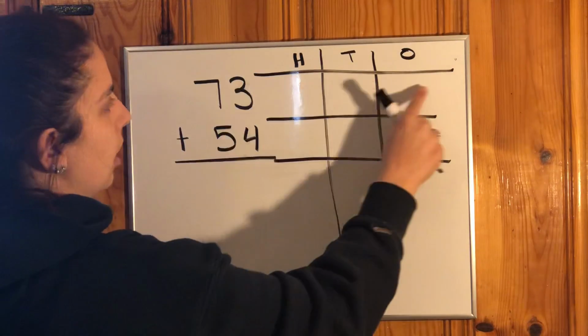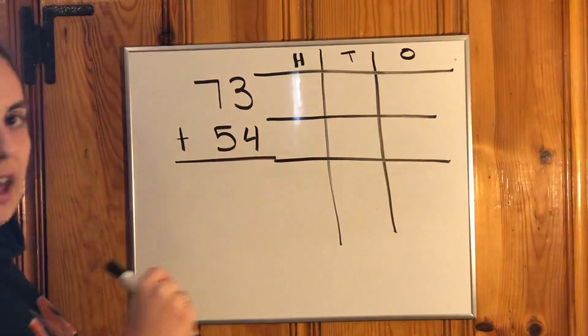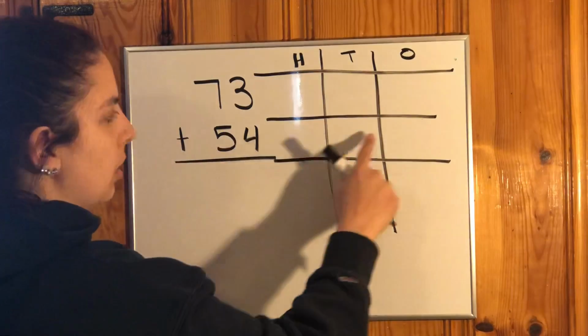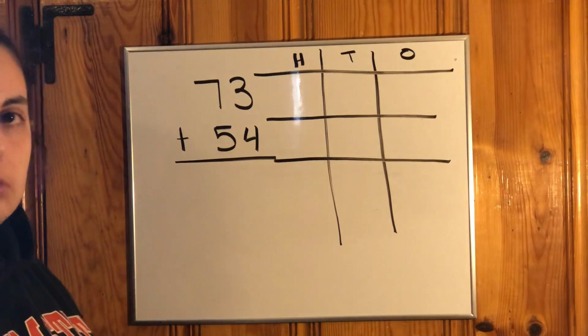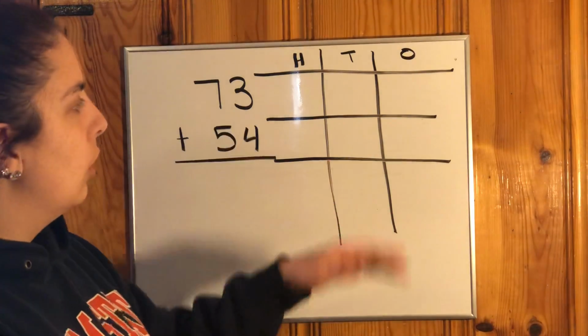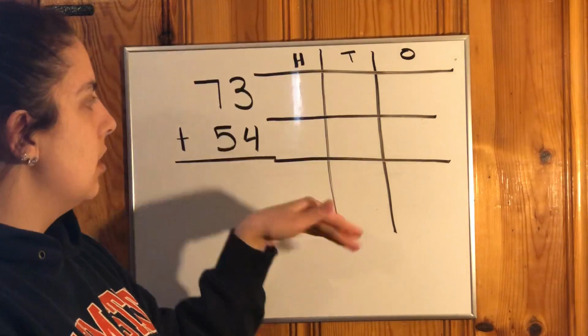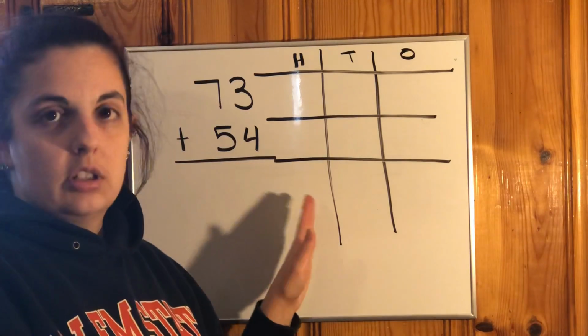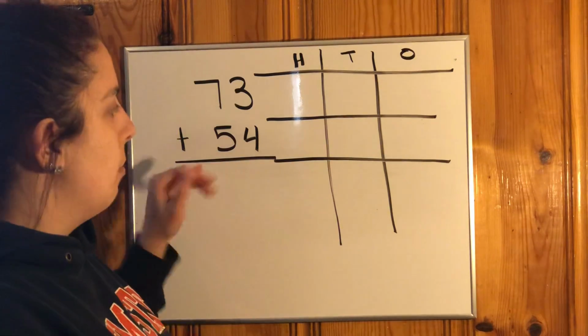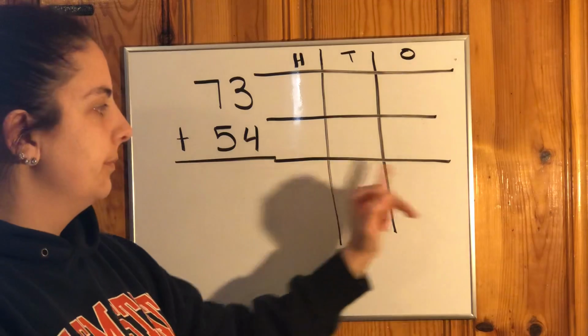Okay, so up here, I'm going to show 73 with my place value blocks. In the middle, I'm going to show 54 with my place value blocks. And then I have to go through and add up all my ones and my tens and maybe my hundreds if I need to. And my sum will be down here.